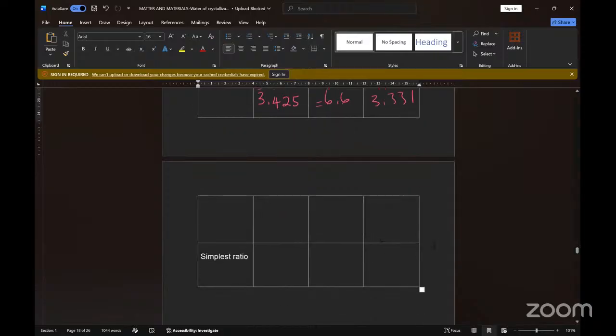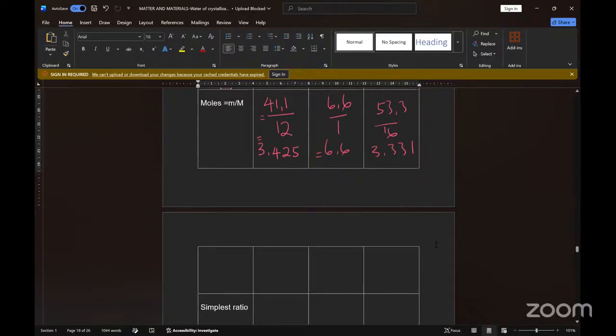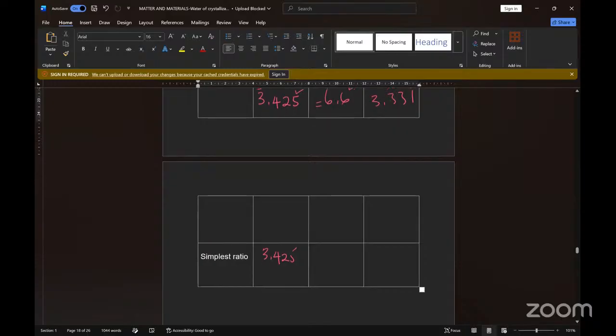Then the last thing you have to do with respect to this is to find the simplest ratio. So you look for the smallest value. If you look here, this is the largest value, followed by this, and this is the smallest value. So you're going to divide all of them by the smallest value. So with respect to this, we are going to have 3.425 divided by 3.331.